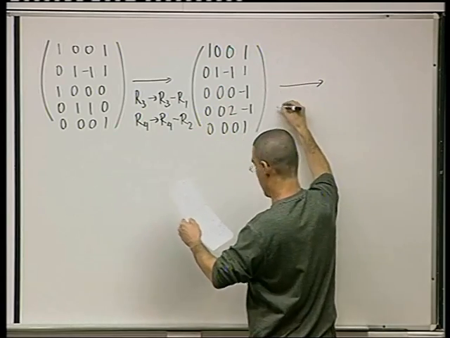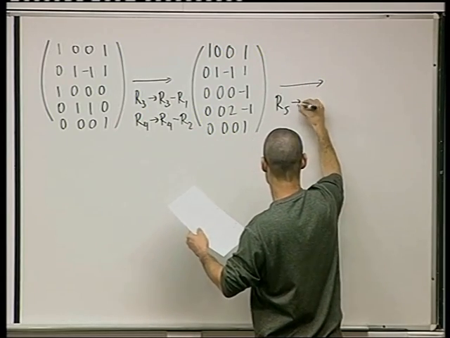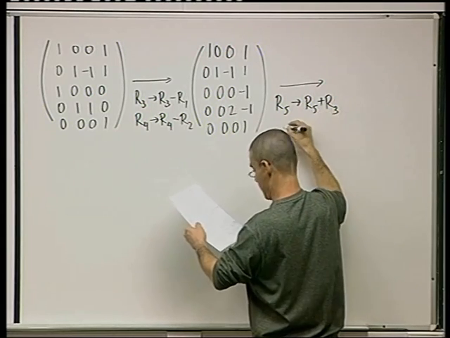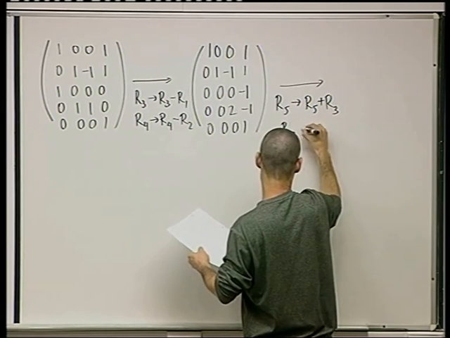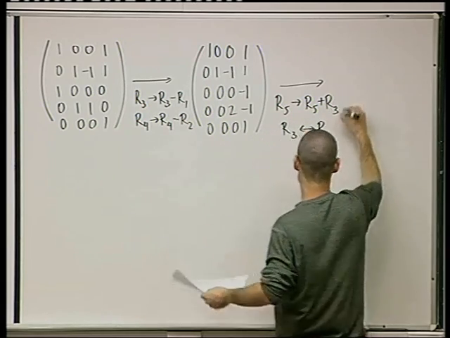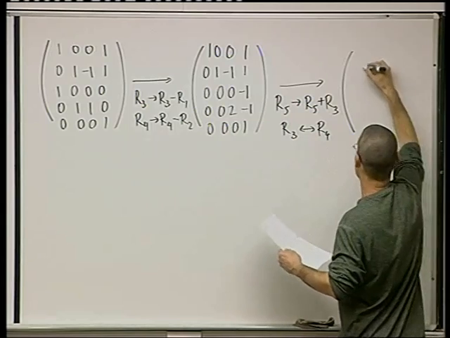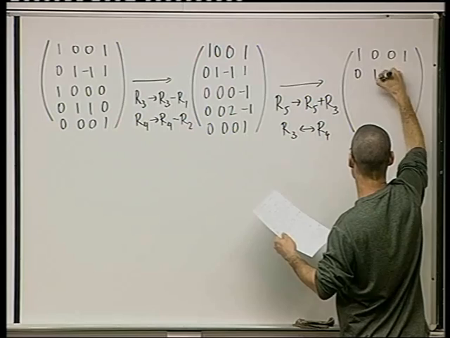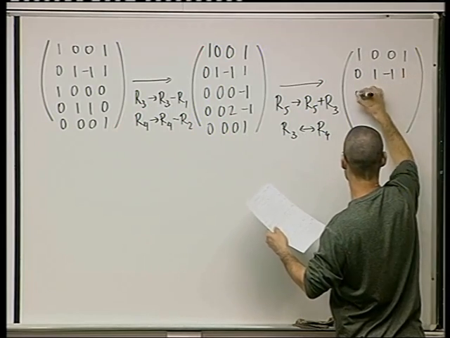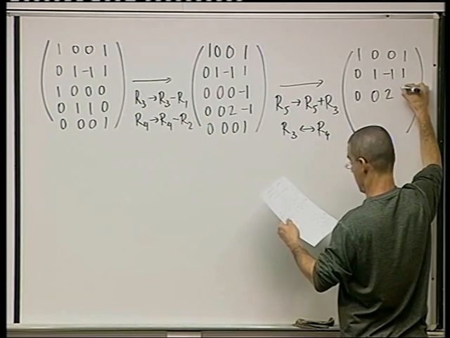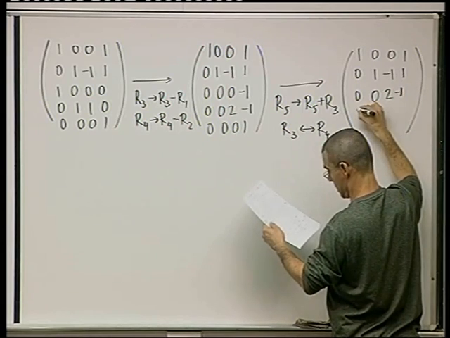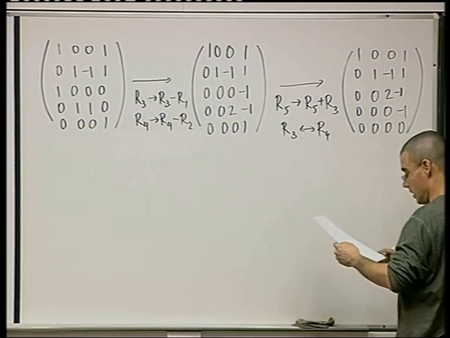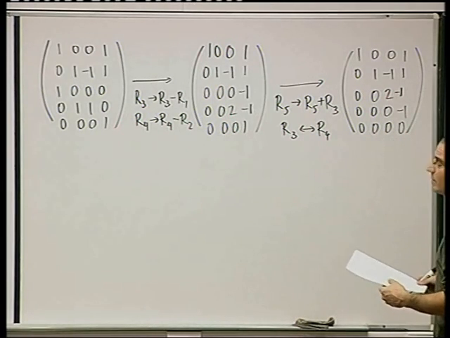And then I'm going to do R5 goes to R5 plus R3, and R3 I'm going to exchange locations with R4, and I get 1, 0, 0, 1, 0, 1, negative 1, 1, 0, 0, 2, negative 1, and 0, 0, 0, negative 1, and then 0 rows. Good? Mistakes?